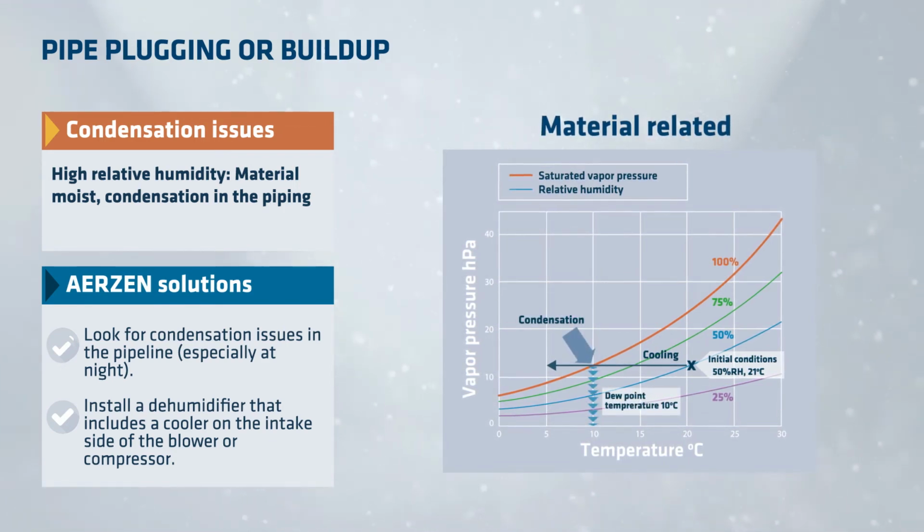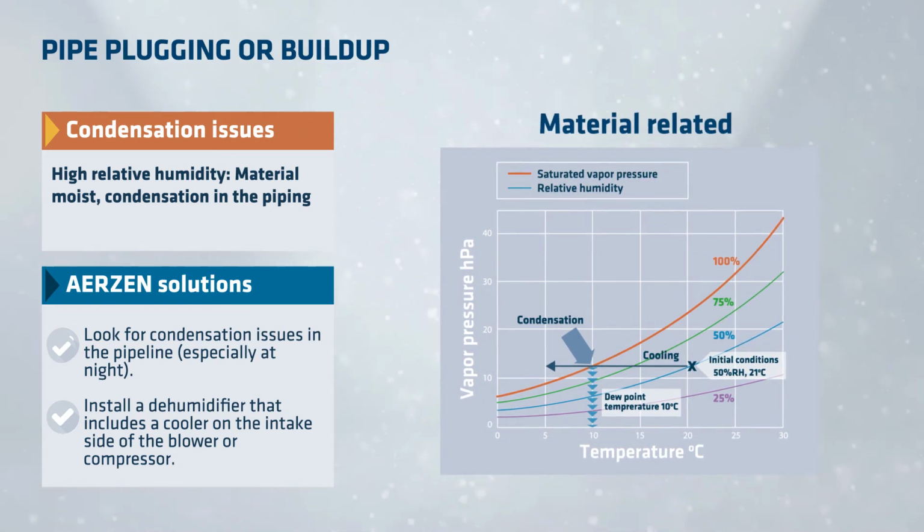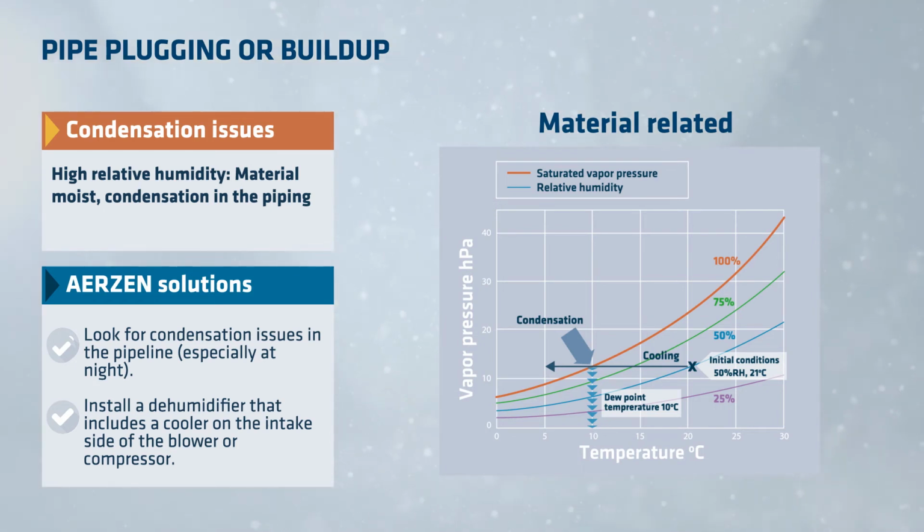AERZEN's recommendations: reducing ambient relative humidity to a value below 30% secures almost any system from reaching the dew point due to ambient conditions. A dehumidifier with an aftercooler is a great solution for both condensation and high intake temperature.